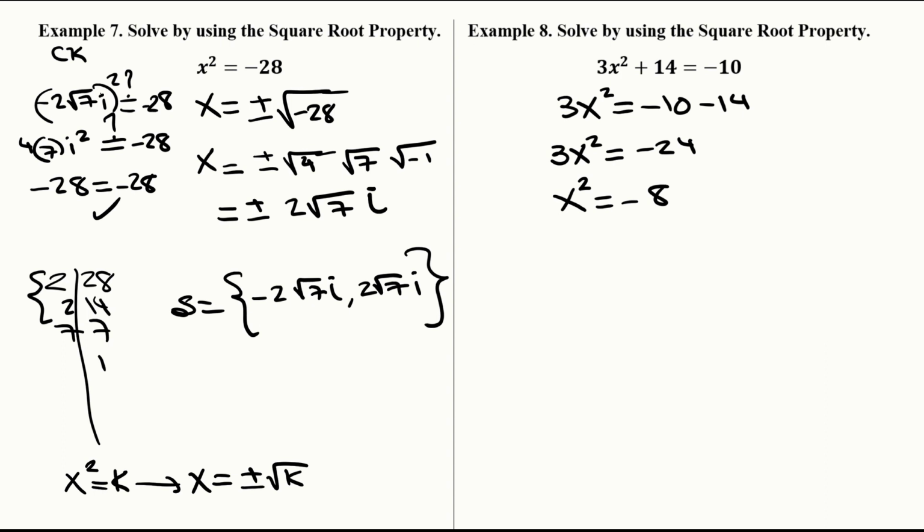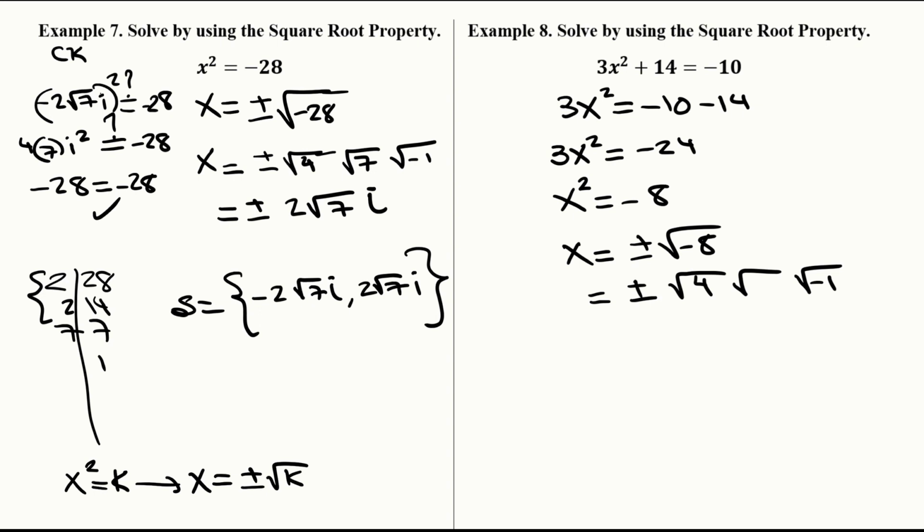Now we're ready to apply the square root property, which tells us x must be positive or negative square root of -8. Again, we'll go ahead and break that up into 3 radicals. In the last one, we put -1. In the first one, we put the largest perfect square factor of 8, which we know is 4.